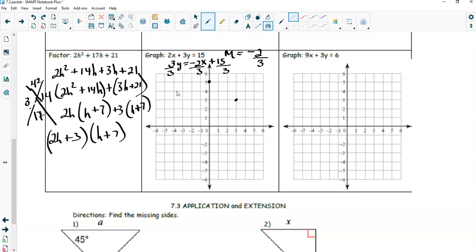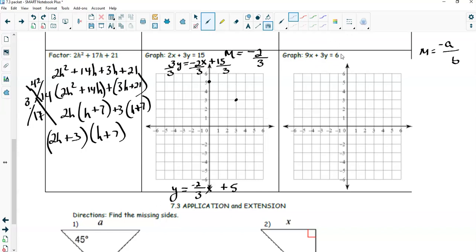Then your equation would be y equals negative 2/3 x plus 15 divided by 3, which is 5. Notice your y-intercept was 5 and your slope is negative 2/3. See how that works? But if you understand that the slope is the opposite of A divided by B, then that becomes apparent without you having to do all this.